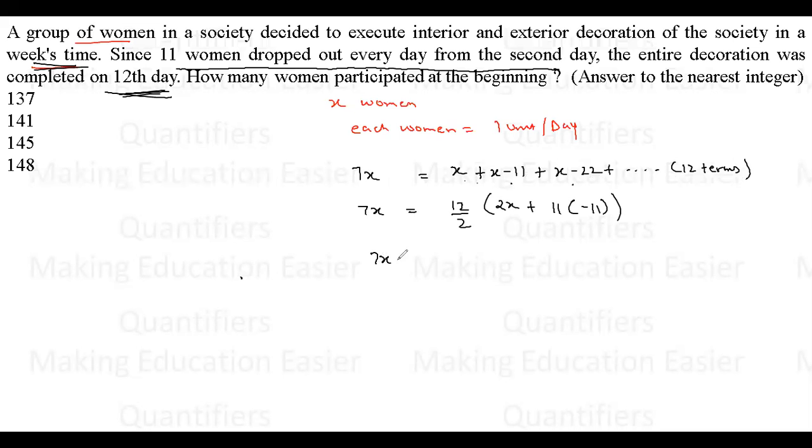So now if I solve it, I'll get 7x is equal to 12 by 2, which is 6, times 2x minus 11 into 11, which is 121. So 7x is equal to 12x minus 726. 5x is equal to 726. So x approximately comes out to be 145. So students, 145 is the answer.